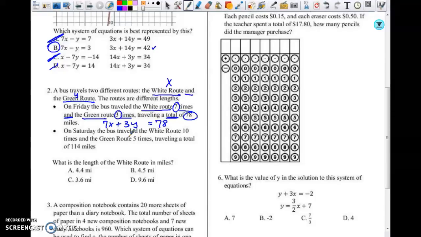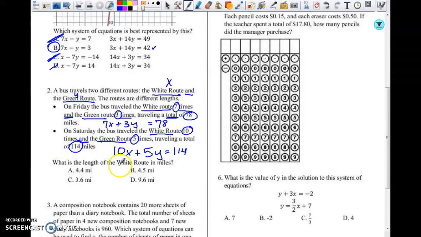On Saturday, the bus traveled the white route 10 times and the green route 5, traveling a total of 114. So for this one, the white route, which we're saying is x, was 10x, and 5y is equal to 114.